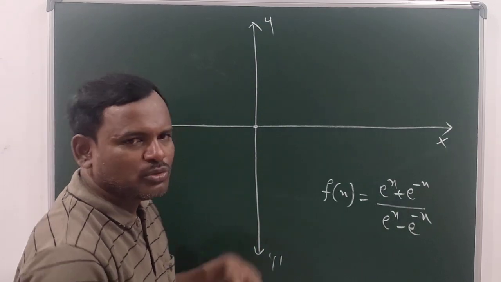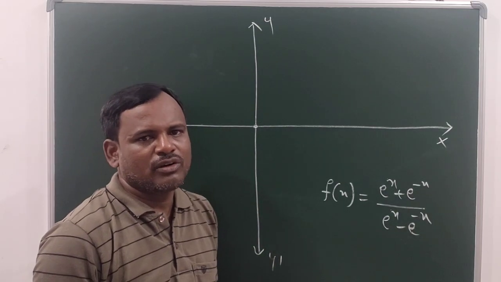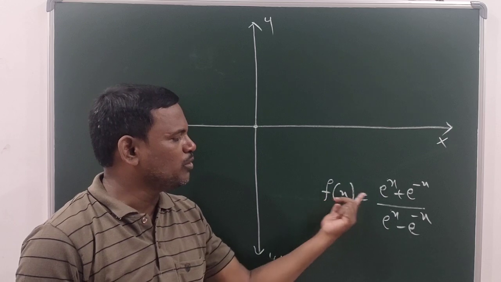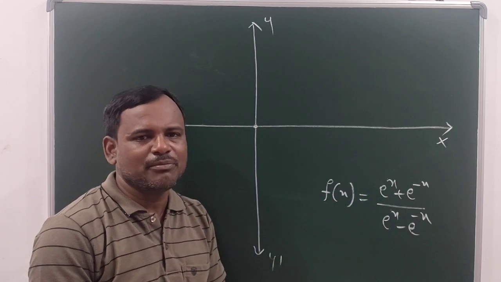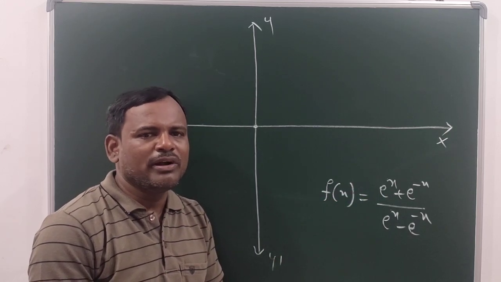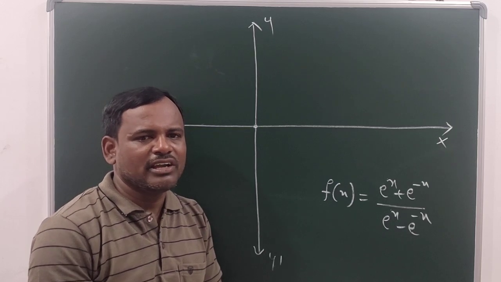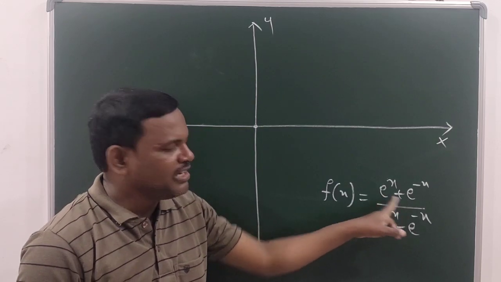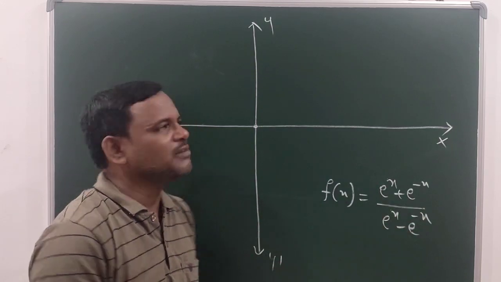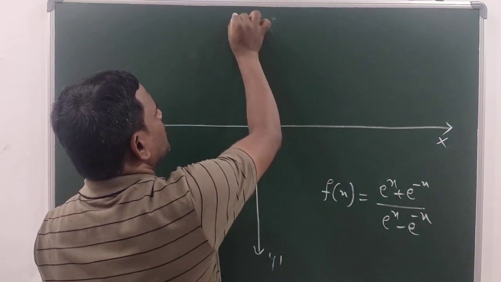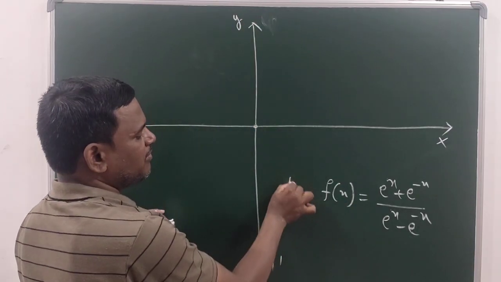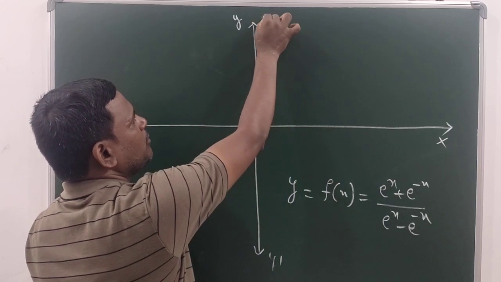The value of e is an irrational number, approximately 2.718. If you substitute that value, in this simplification the y value is a very big value.